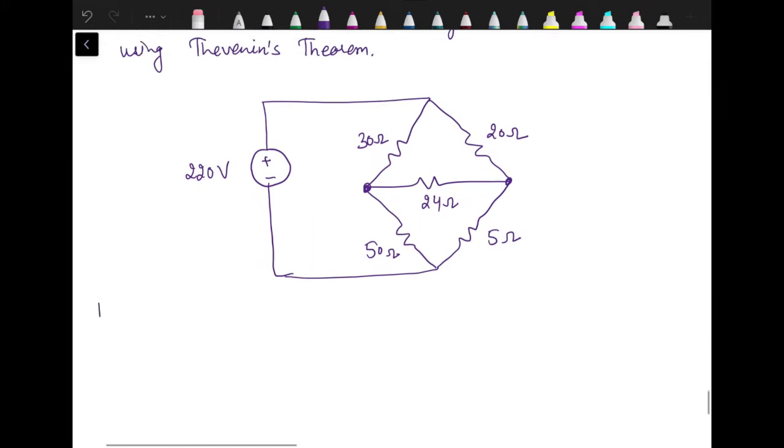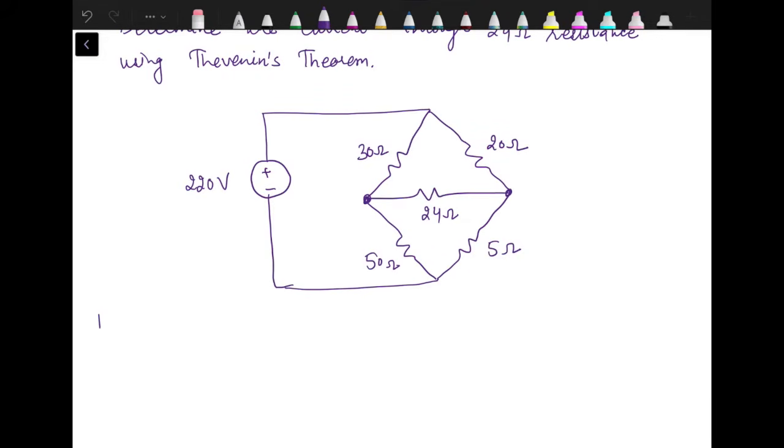Now for VTH, what we need to do, we need to remove the load resistance. So I have just removed the load resistance from here. Let's mark the polarity of VTH like this.